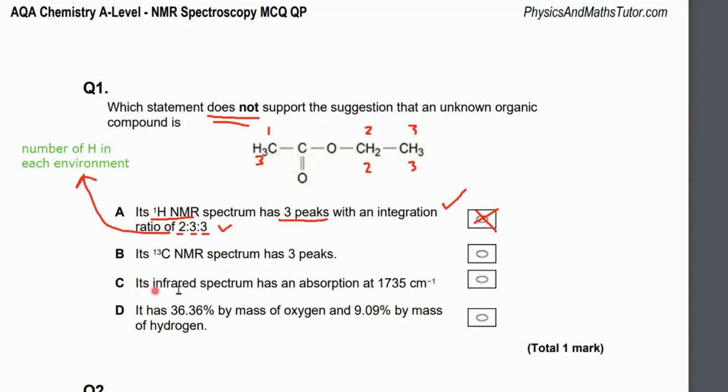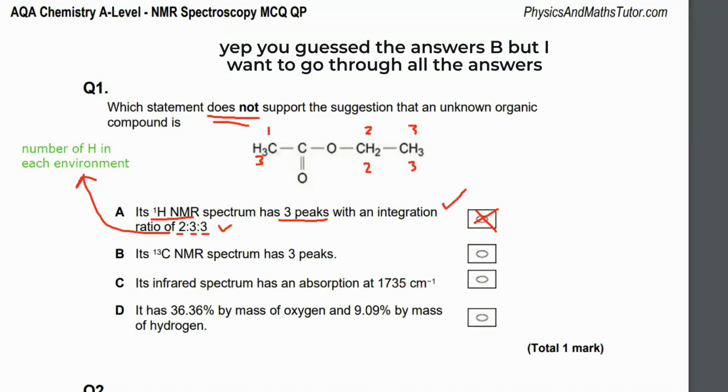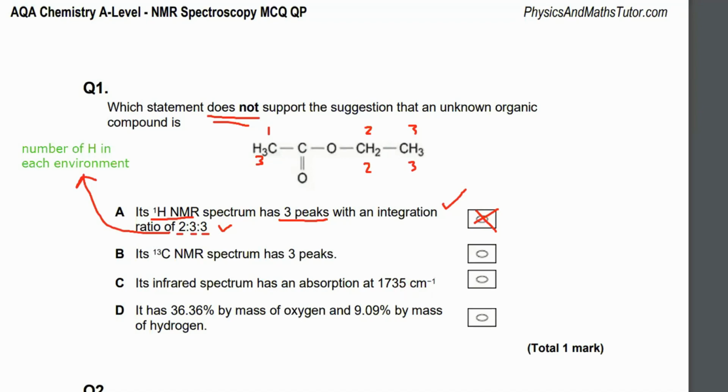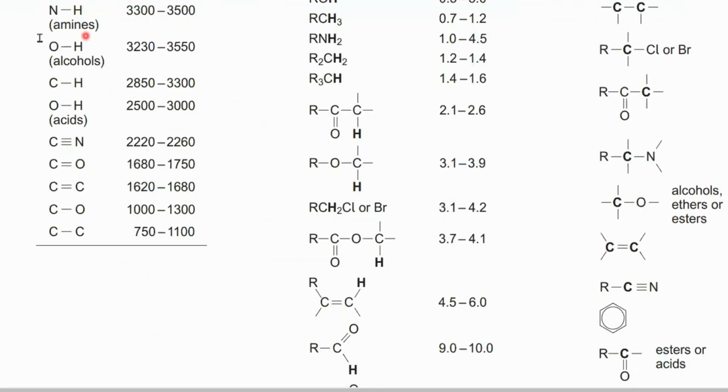Now let's look at the next one. Actually, we're going to go to C. Its infrared spectrum has an absorption of 1,735 centimeters. So let's check that out on the data booklet. This first column here shows the wavelength of different groups. And if we go down to 1,680 to 1,750, that's where our 1,735 falls. We can see it's a carbonyl group.